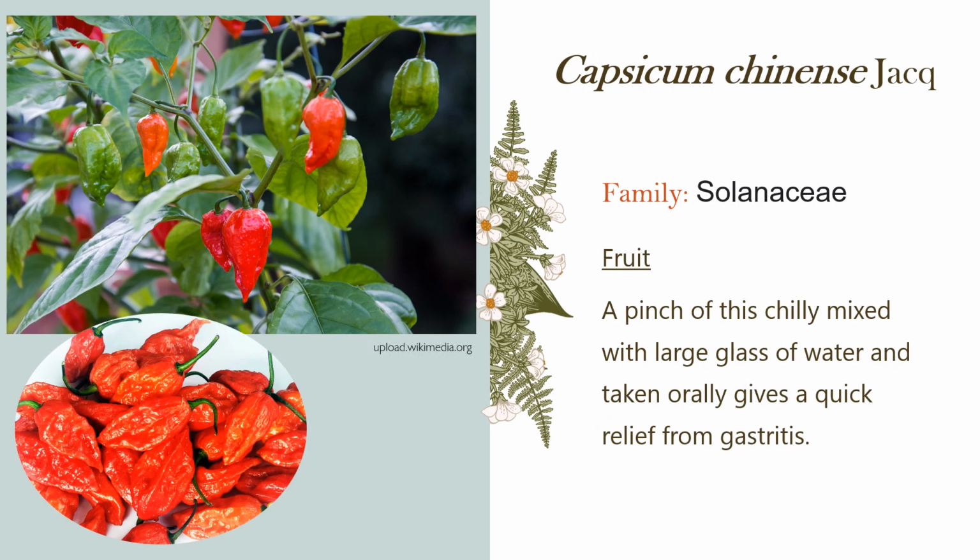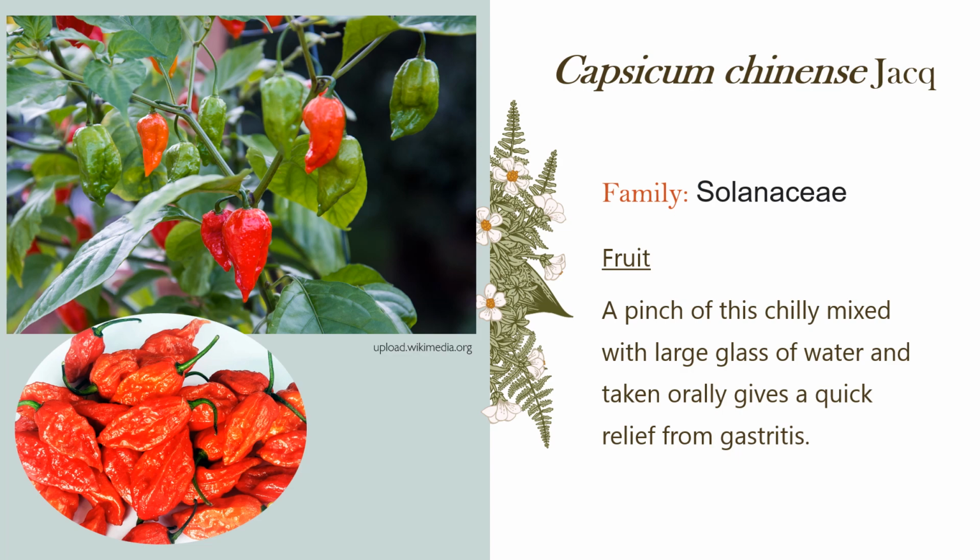Last but not the least, this is Capsicum chinense from the family Solanaceae. Here the fruit is used. It is extremely hot, but the effect it gives you internally is far less than the normal chili.